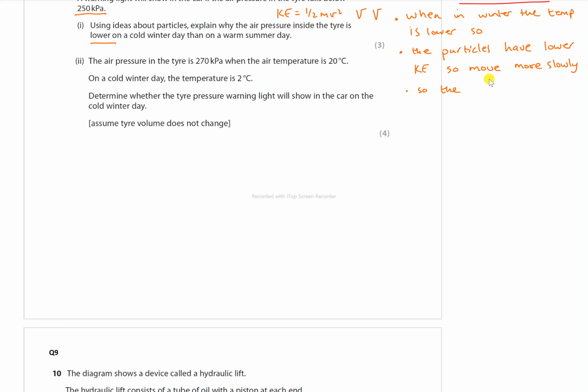So the particles collide with the tire walls less often and with less force, and since pressure is force divided by area, the pressure decreases.